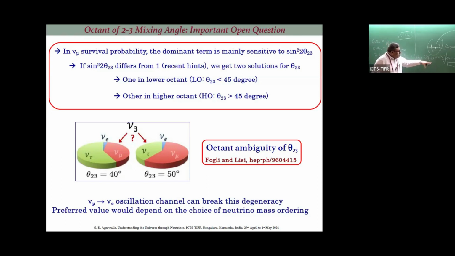This is in eV square, and if you prefer, this L is in kilometers and this E is in GeV, correct? In natural units, okay. This is a conversion, and then this 1.27 comes when you convert from natural units to your practical units, correct? Now if theta 2,3 is 45 degrees, then this is 1, right?